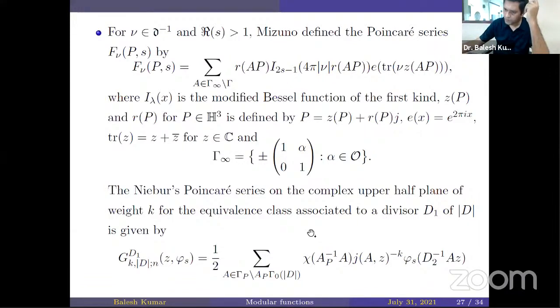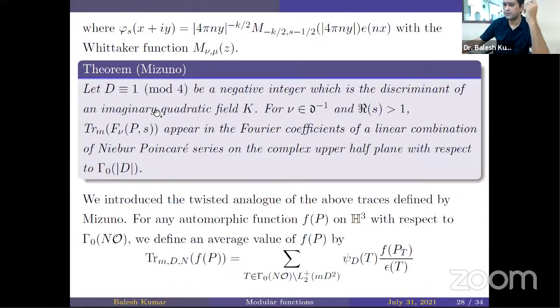Yeah, and then he shows that if you take a square free negative integer which is the discriminant of an imaginary quadratic field, and take the Niebuhr-Poincare series for the level gamma naught d, then the Fourier coefficient of this Niebuhr-Poincare series can be expressed in terms of the mth trace of the nth Poincare series for the three-dimensional hyperbolic space.